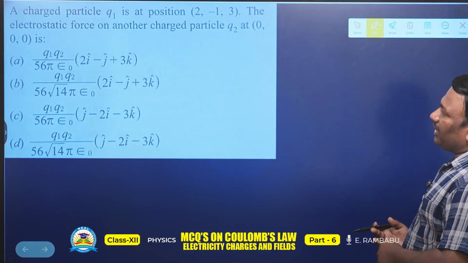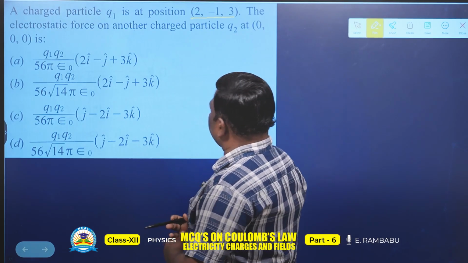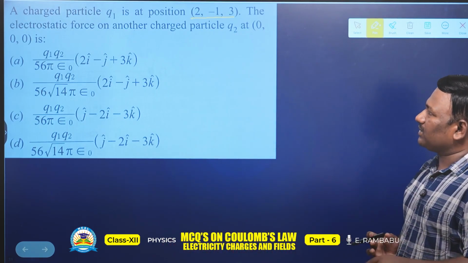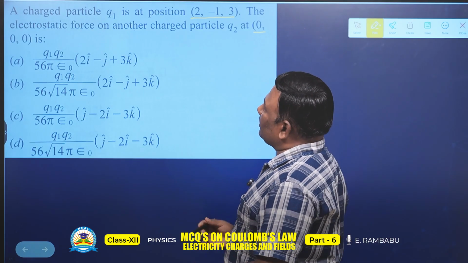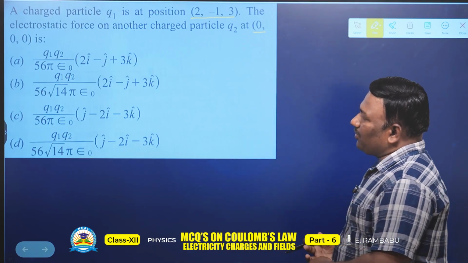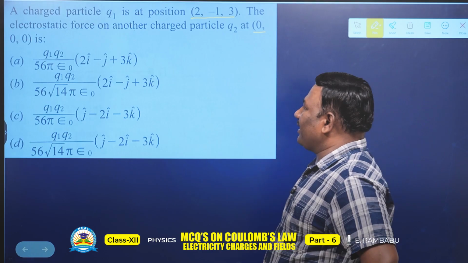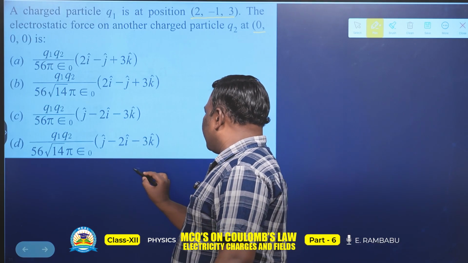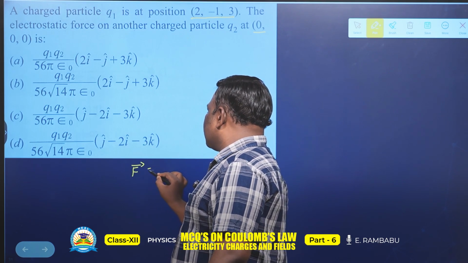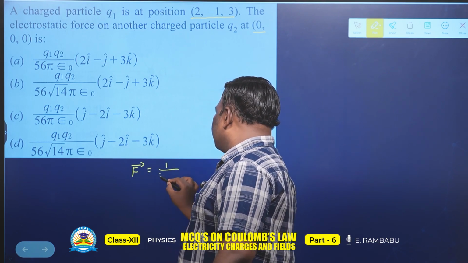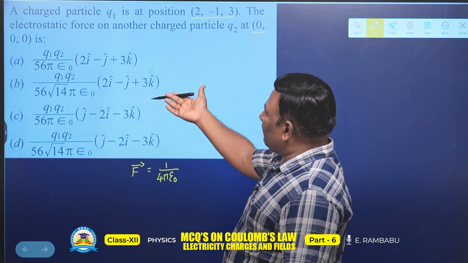A charged particle Q1 is at a position 2, 1, minus 3. The electrostatic force on another particle Q2 which is placed at 0, 0, 0 is. We are going to find the vector form of the Coulomb's law. The force between the two charges is nothing but 1 by 4 pi epsilon naught into, here vector form is given.